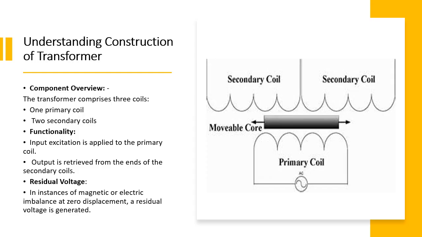Now, understanding the construction of the transformer. There are three coils: one primary coil and two secondary coils, and one movable core.